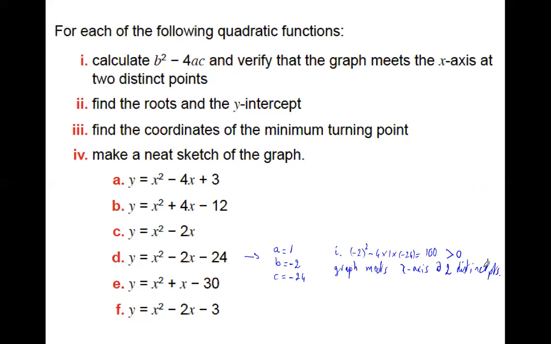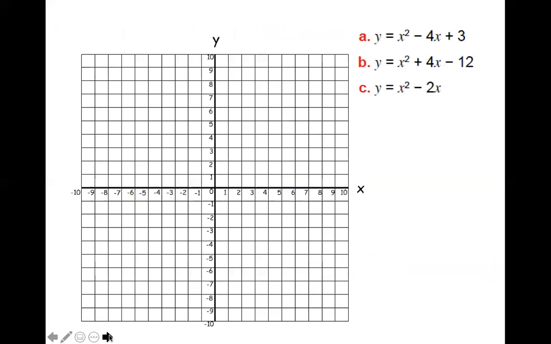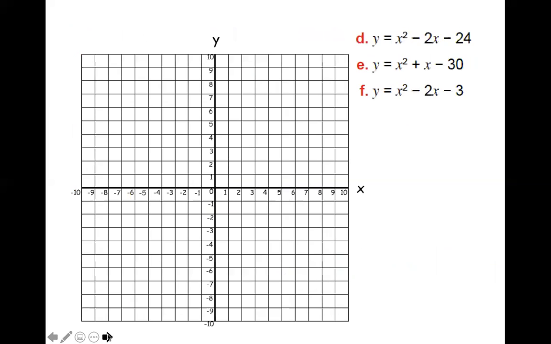Next, find the roots and the y-intercept. So to find the roots, we need to factorize y. I need to find two numbers. If I multiply them, I get negative 24.